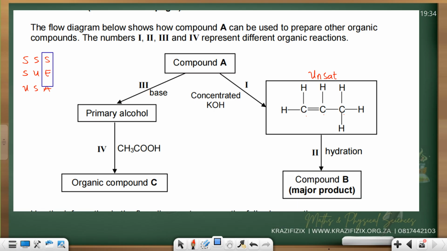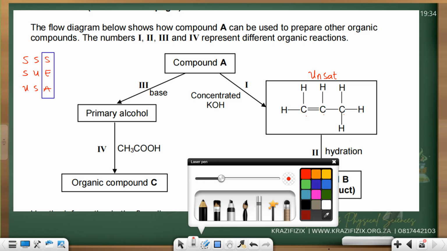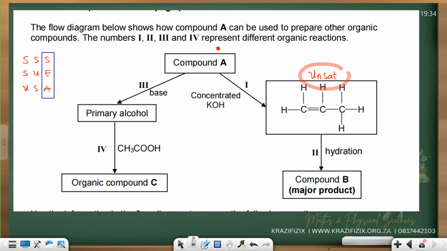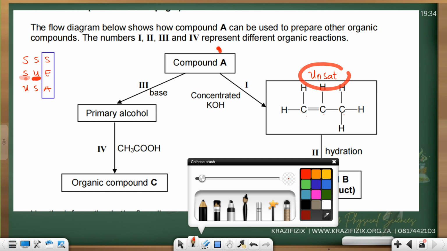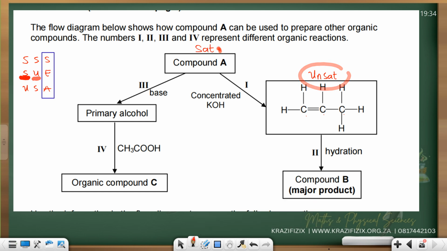These 3 on the right-hand side represent my reactions. If this is unsaturated, where are we coming from? This is the product. We can only come from a saturated. So compound A is saturated. Did that make sense to you?